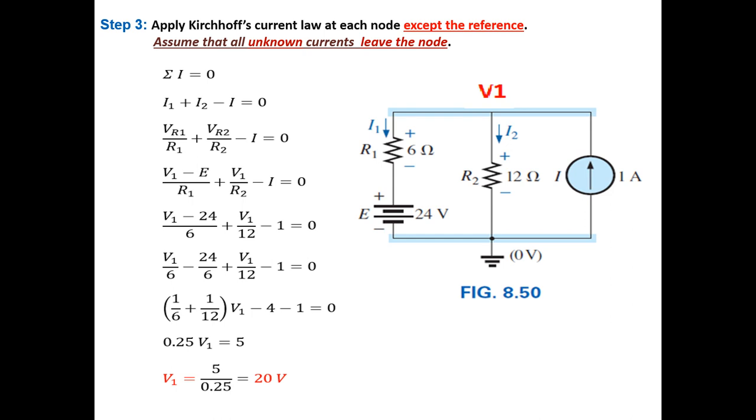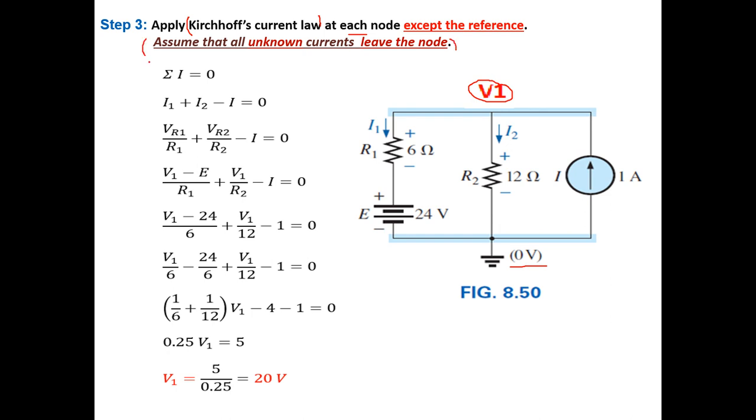So we already determined the number of nodes. We picked up a reference node from the bottom here, 0 volt, we said. And now we will apply Kirchhoff's Current Law at each node except the reference. So we have only one node here. Let's read this sentence.